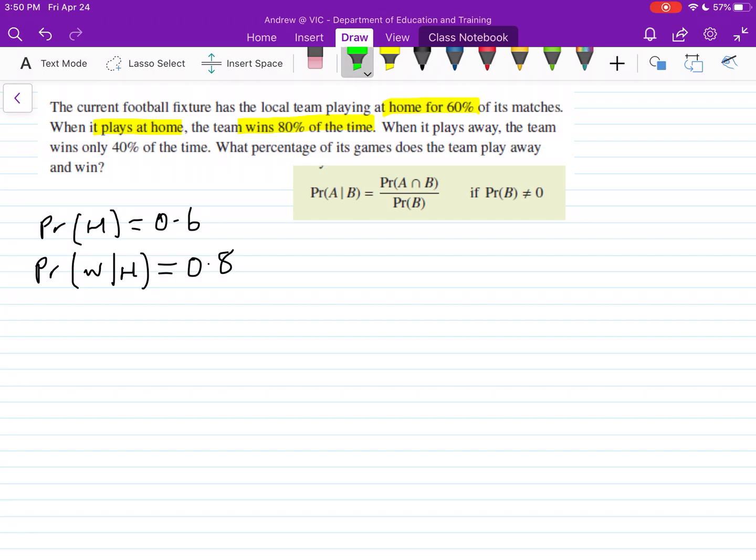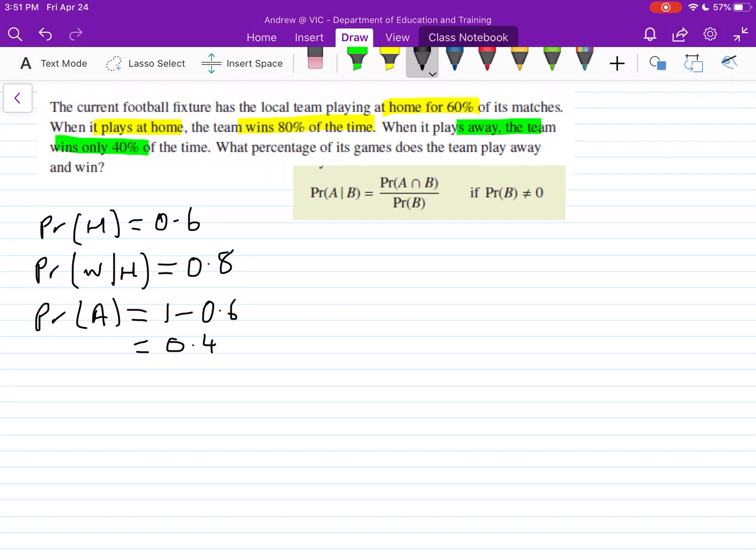Next bit of information, when it plays away, the team wins 40% of the time. So if the probability of them playing at home is 0.6, the probability of them playing away is equal to 1 minus 0.6, which is equal to 0.4.